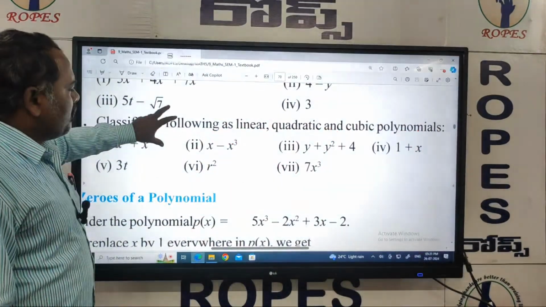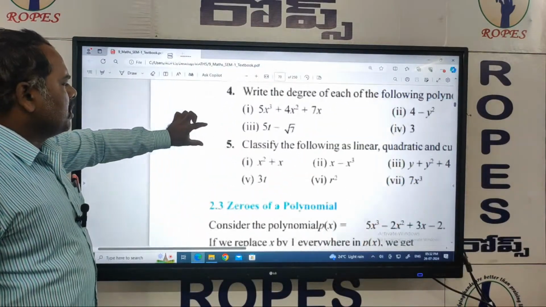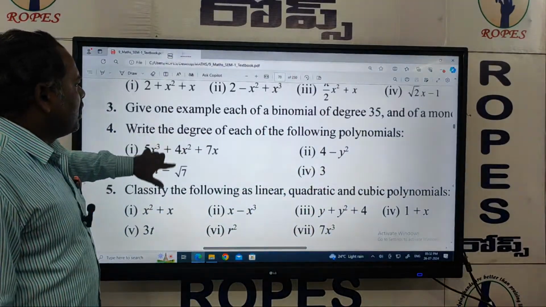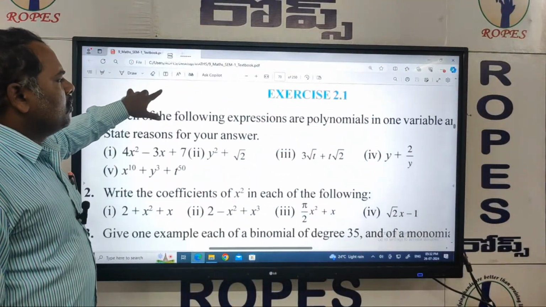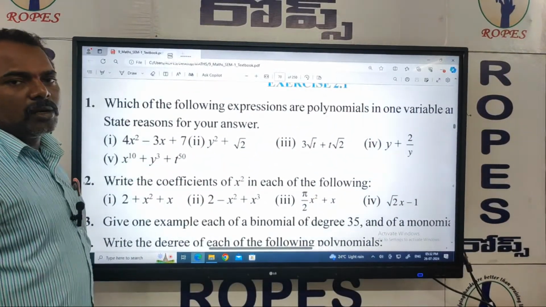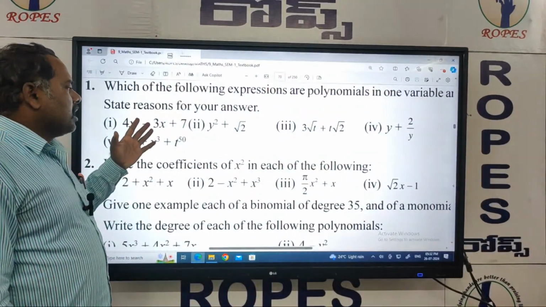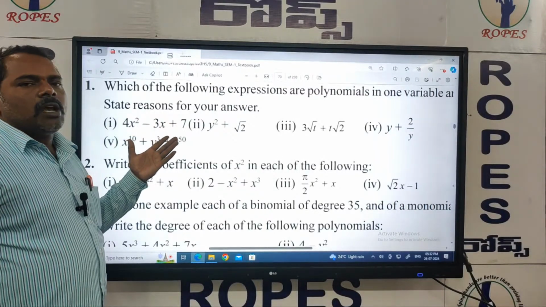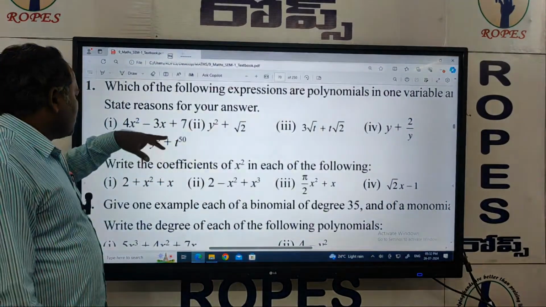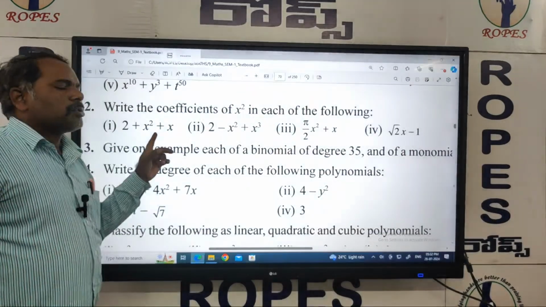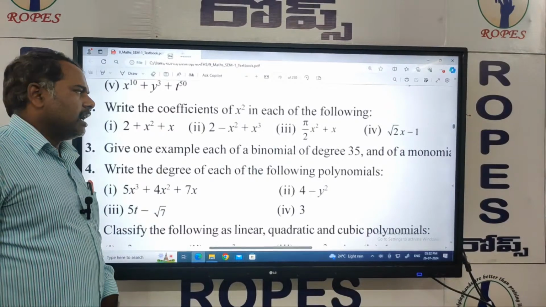Now with this, exercise 4.1 is completed. We completed all 5 questions clearly. In the first question they asked which is a polynomial in one variable, and in question number 2 they asked for the coefficient of x square, which we wrote clearly.